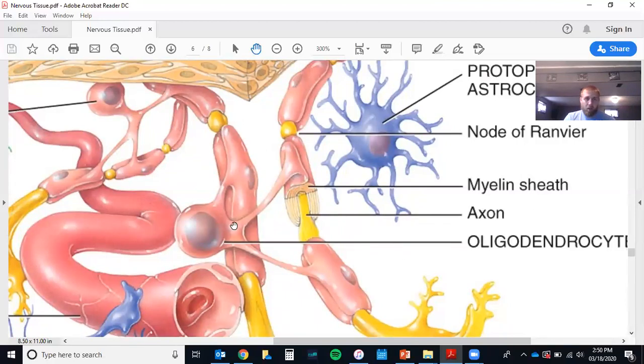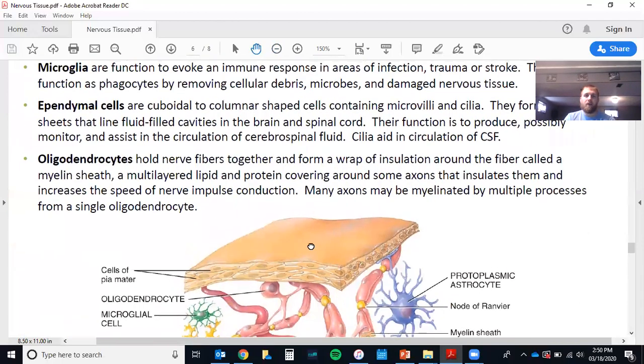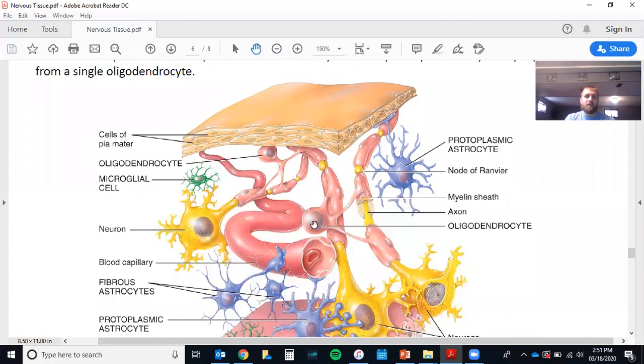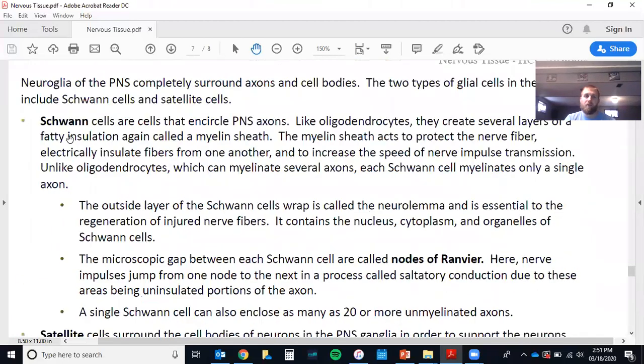I've already mentioned a little bit about myelin, but myelin is a multi-layered lipid and protein covering that insulates axons from one another and increases the speed of nerve impulse conduction. A key feature of oligodendrocytes is that a single oligodendrocyte can form the myelin sheath around not only one, but multiple axons, which is different than what we'll see on this page with what we call Schwann cells.